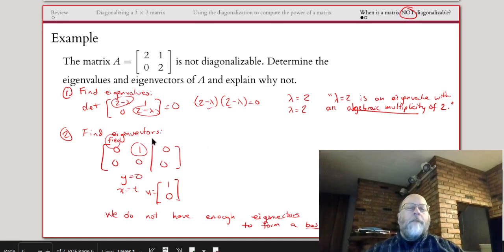Now the terminology here is that lambda 2 has only one eigenvector.